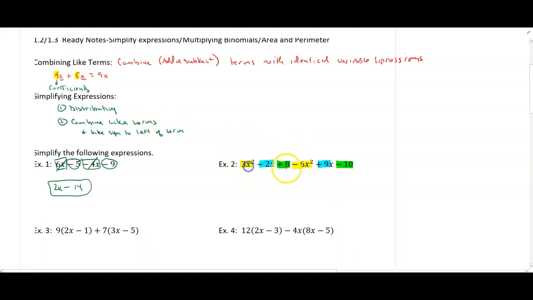So 3x squared minus 6x squared, remember, 3 minus 6 is negative 3. So that's negative 3x squared. Negative 2x plus 9x is going to give me plus 7x. Cross them out, I've used them. 8 minus 10 is negative 2. And we are done. Okay?